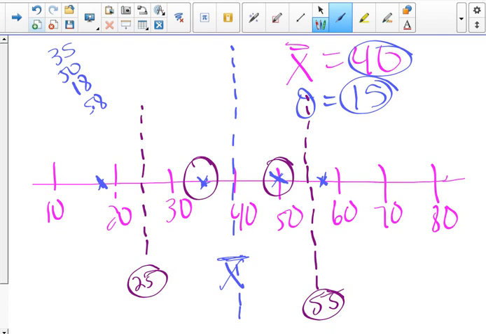But I've got more scores that aren't included, so we need to go out 1 more standard deviation to include them, right? So from 55 and from 25, I'm going to go 15 out again to go 2 standard deviations. So 55 plus 15 is 70. So here's 2 standard deviations. And now he's included. And we have to go this way too. So 25 minus 15 is going to be 10.